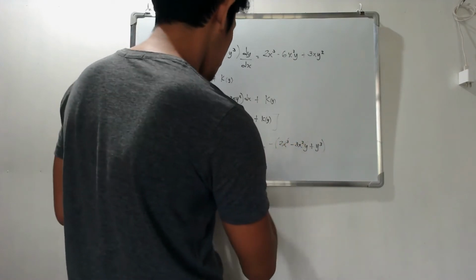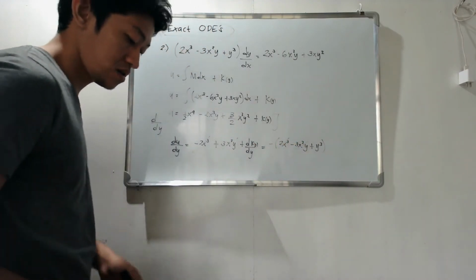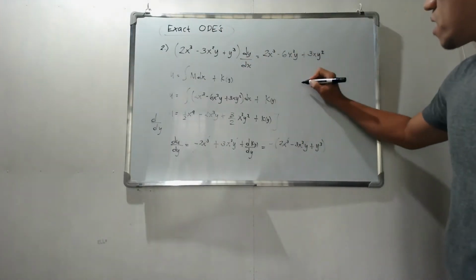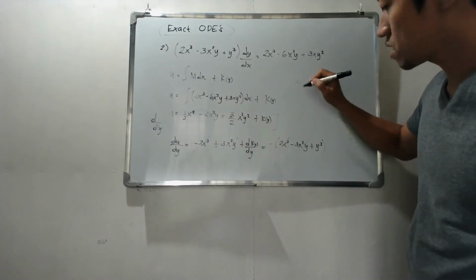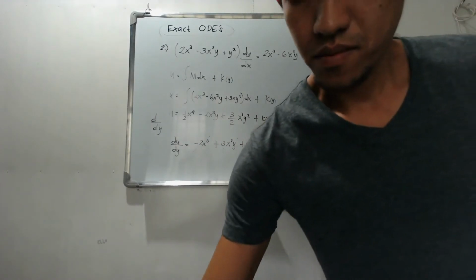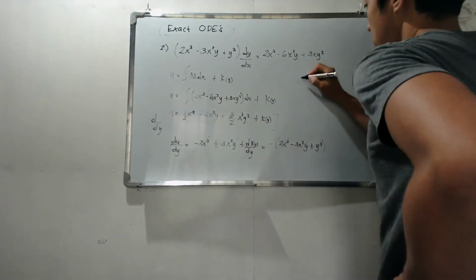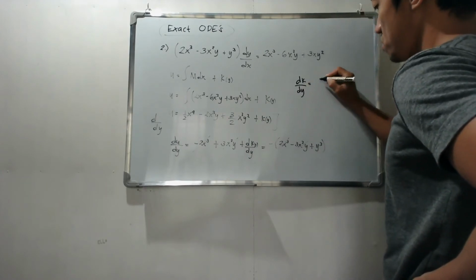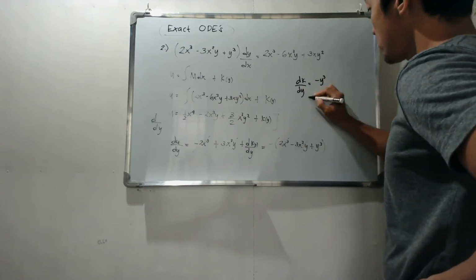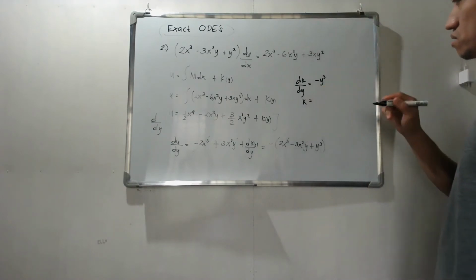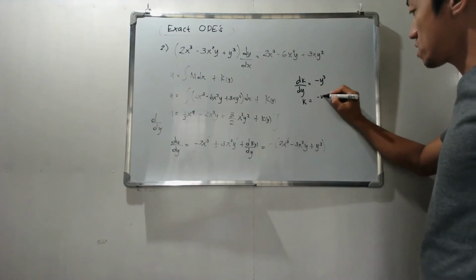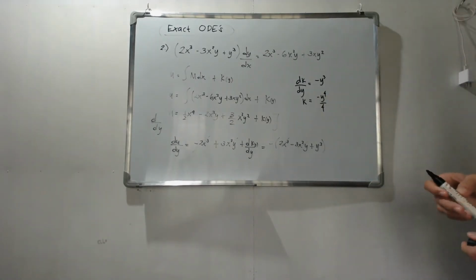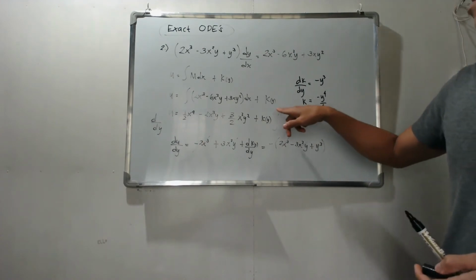Therefore, your derivative of k with respect to y is equal to negative y cubed, or k is just equal to negative y fourth over 4. Okay, and then we substitute this one back.